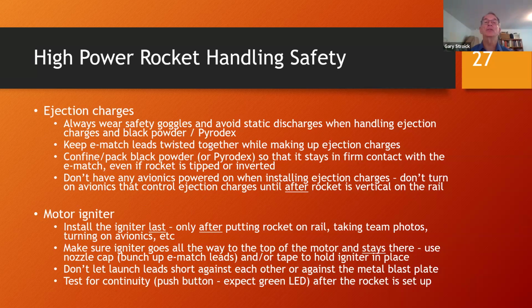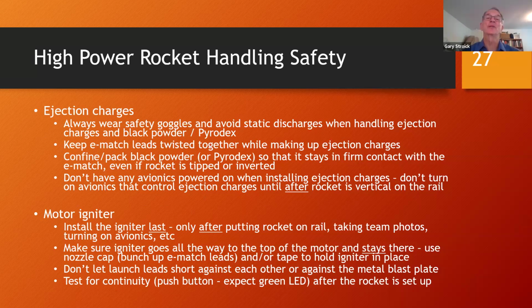When you're finished with that, you've got to make sure that the igniter wire and the alligator clips they're connected to are not touching each other or any other piece of metal on the blast plate or anything else. They need to be in an area that has enough resistance that they can't create a short.